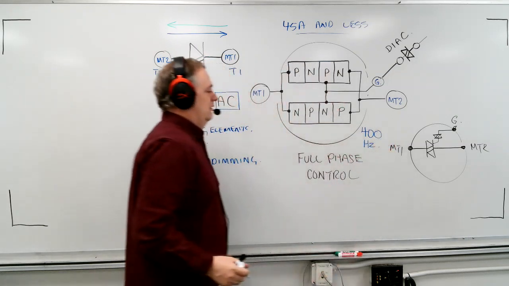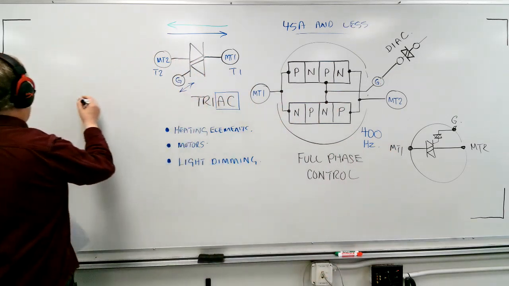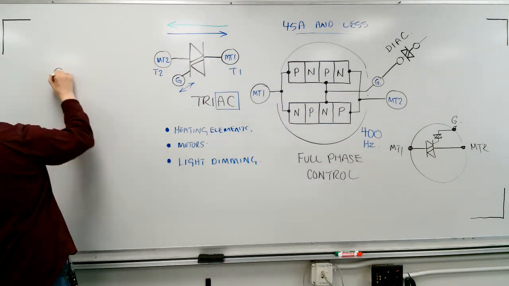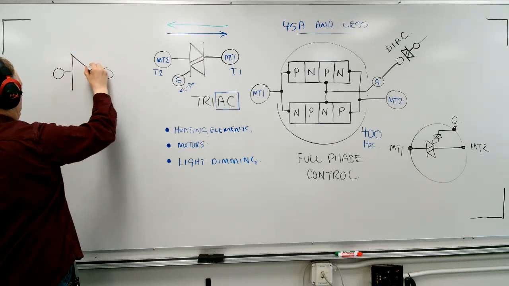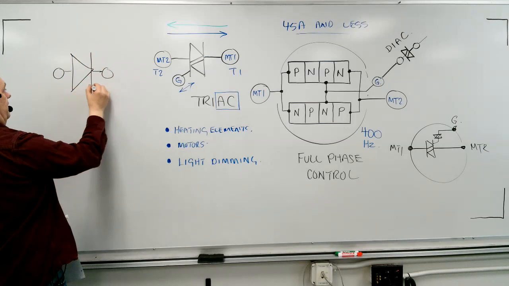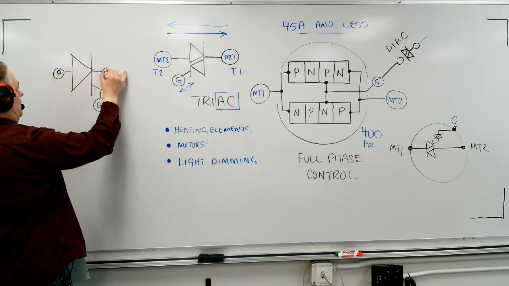Now, on the flip side, if we wanted to compare this to the SCR, an SCR is able to switch its switching frequency. So this is the SCR, there's the gate, anode, cathode.